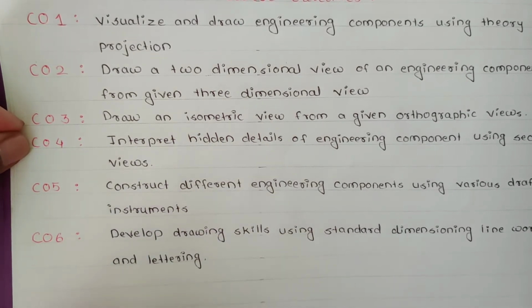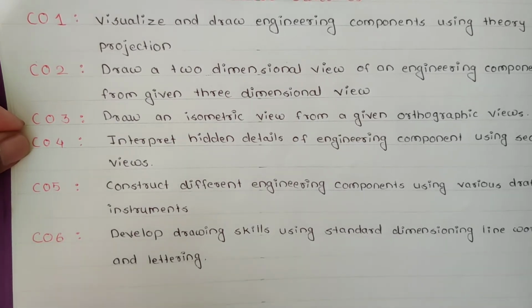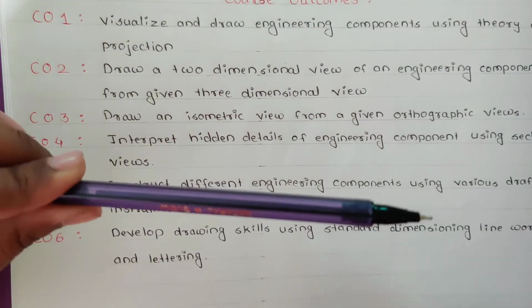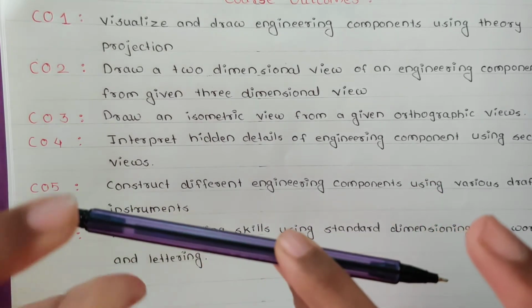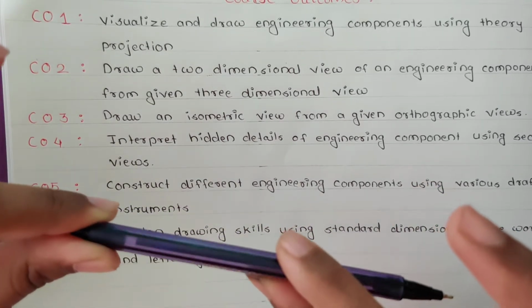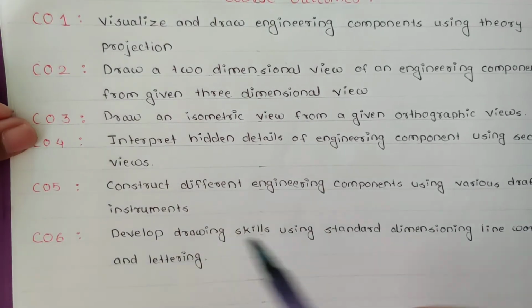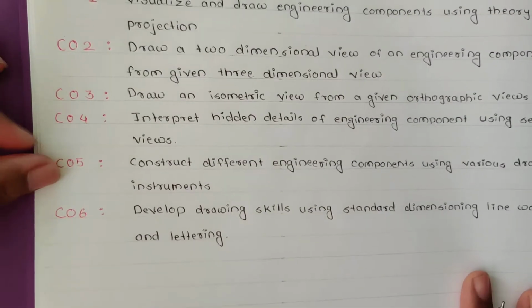And the next, CO4, is interpret hidden details of an engineering component using sectional views. That is what I said: if I cut this pen, what kind of hidden components are there, which we are going to see.